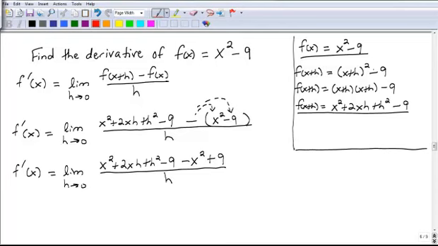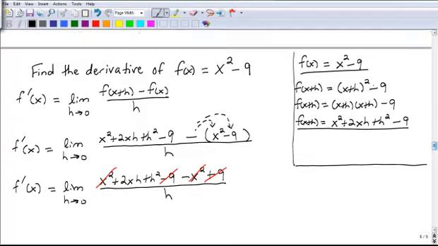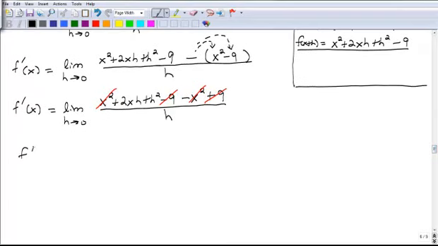If you look at the top, you'll notice positive x squared and a negative x squared add to 0. Negative 9 and positive 9 add to 0. And so my derivative is the limit as h goes to 0 of 2xh plus h squared over h.